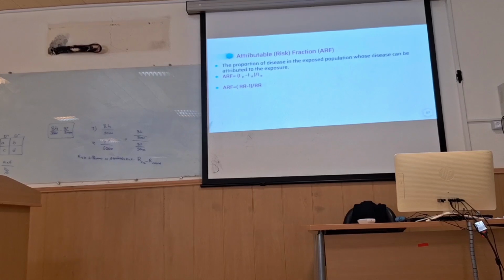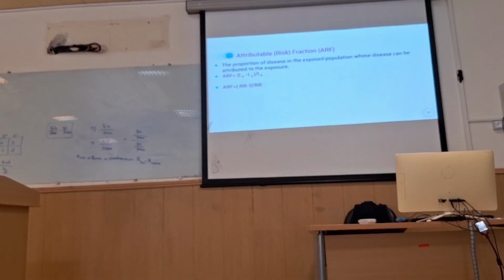Another important indicator or measure for assessing the association between two variables is attributable risk fraction, or ARF. ARF means risk difference divided by incidence in the exposed group.